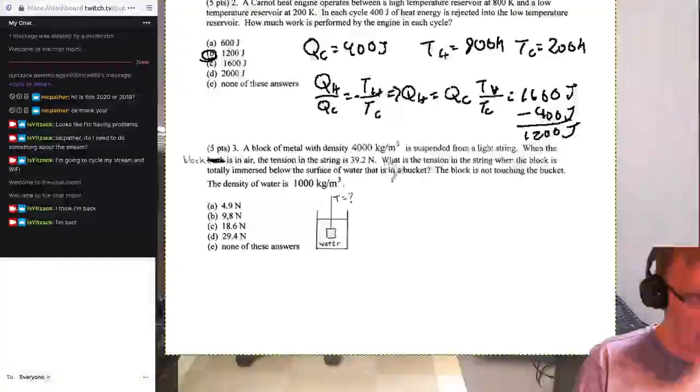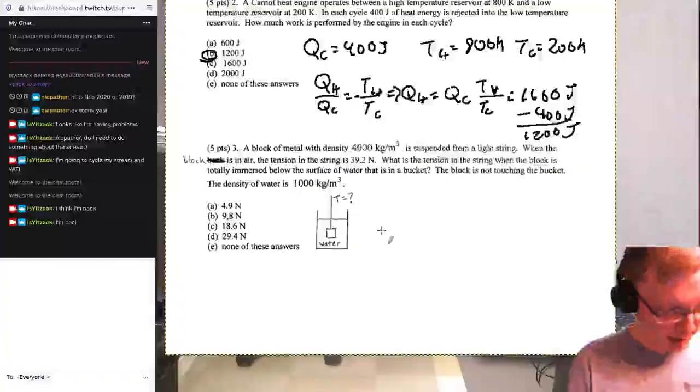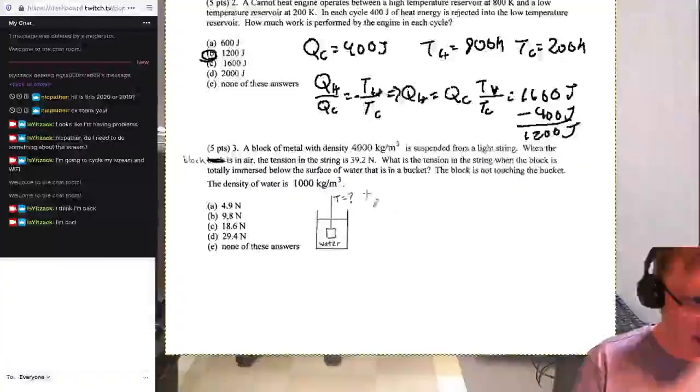What is the tension here? Okay, there are ways to do this without figuring out what the mass is. But I think I'll go ahead and figure out the mass because you'll also probably do it that way anyways.